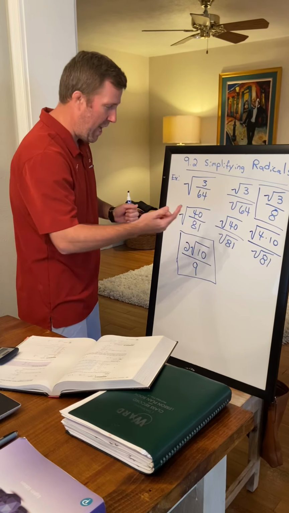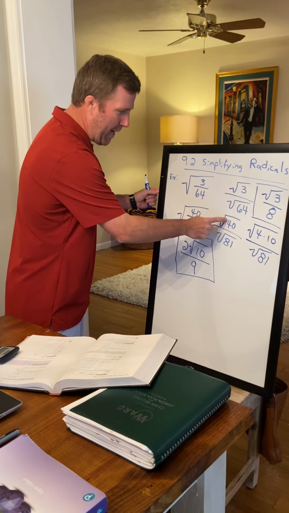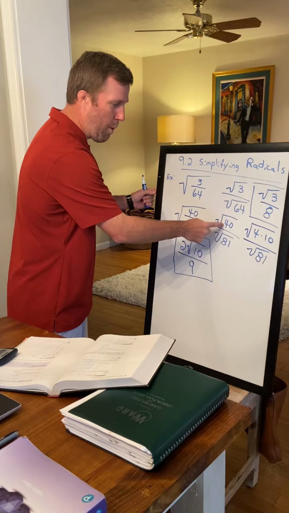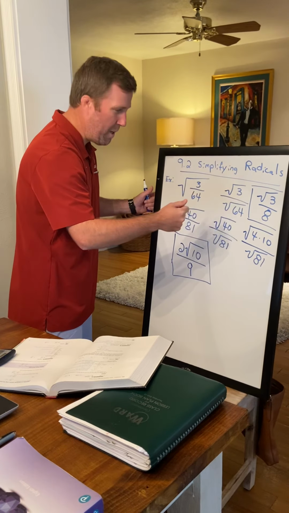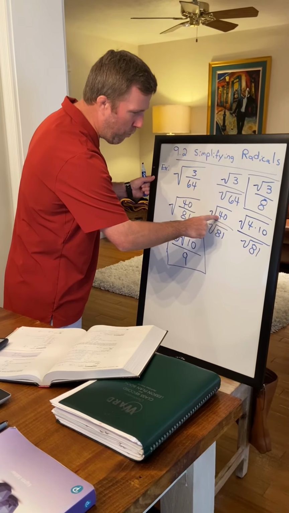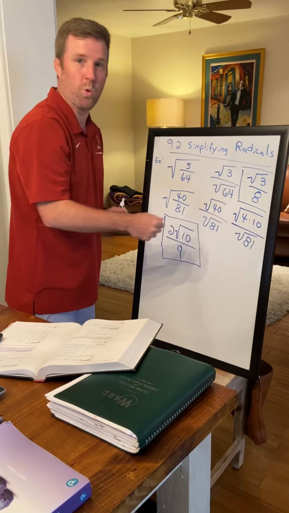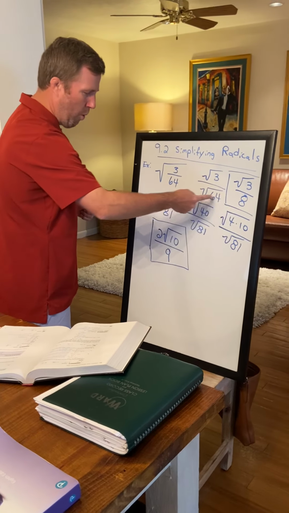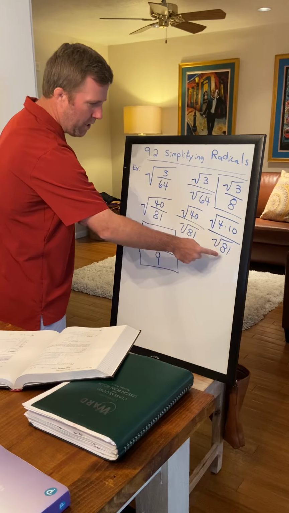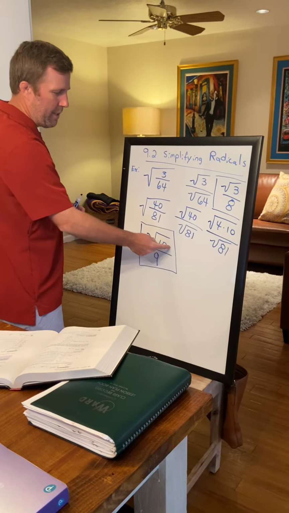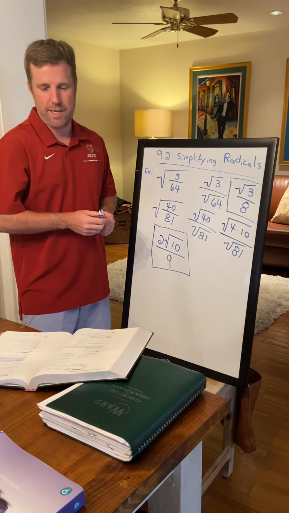So notice, I broke this up and made it the division of 2 square roots. That's my quotient rule. Then I broke down the square root of 40 into my product rule. I took the square root of 4, which was 2, brought it out front, took the square root of 81, which was 9. This is my final answer, 2 square root of 10 over 9.